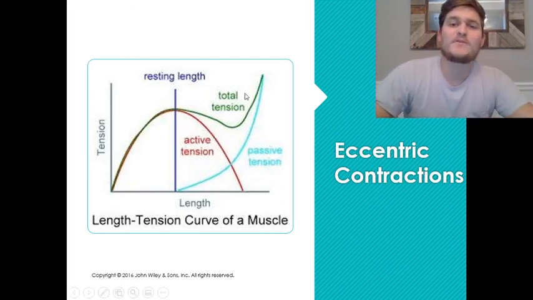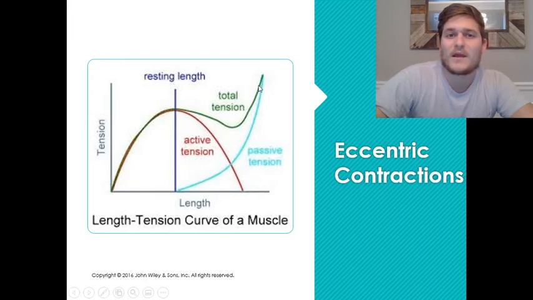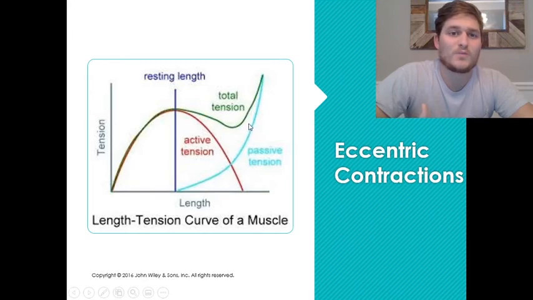But what happens during an eccentric contraction is that you are going to get an increase in tension as you continually activate and lengthen the fiber, because a structural protein, which we talked about last time, by the name of titin, is going to start to produce tension as well once we get out to these longer lengths.